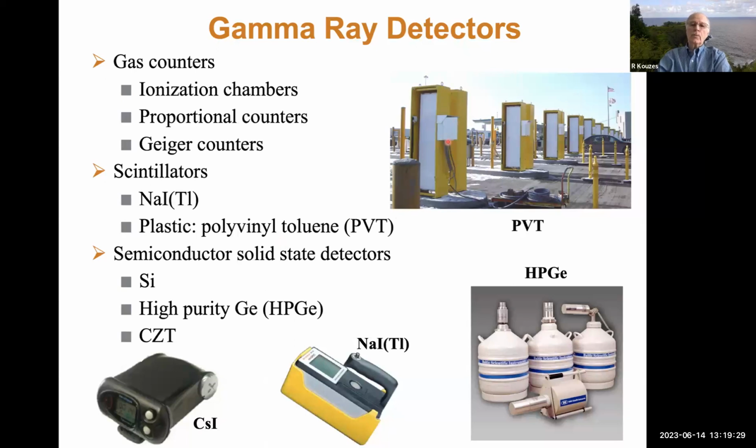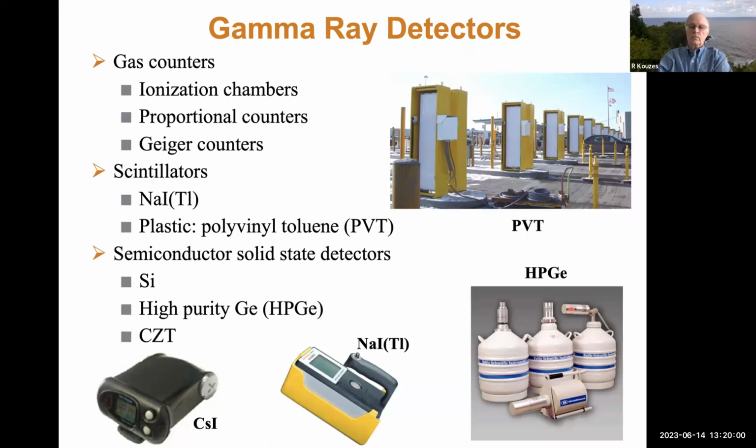Shown here in the upper picture is an example of a large detector that has plastic scintillator in it. It's large, it's inexpensive, it's robust in the environment, and therefore it's used for these large types of detectors, whereas sodium iodide might be used in smaller detectors like these handhelds. High purity germanium, I mentioned, has to be cooled to liquid nitrogen temperatures, so they typically have a form factor with a large dewar, and they tend not to be very large.